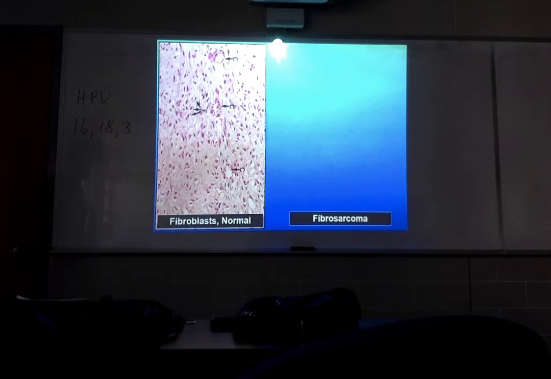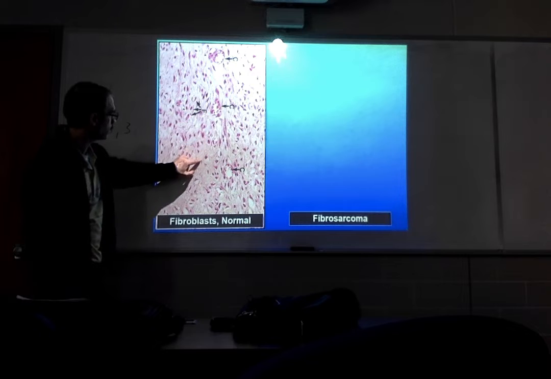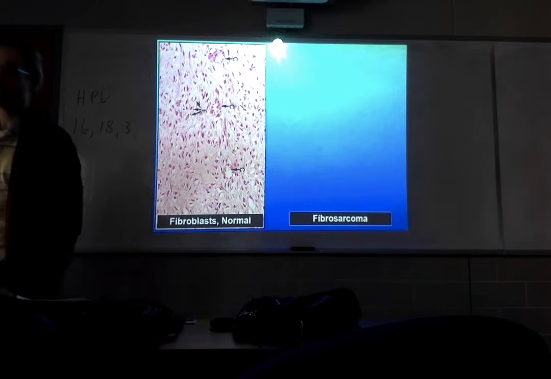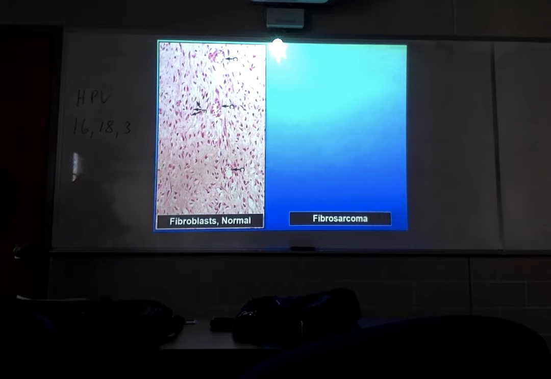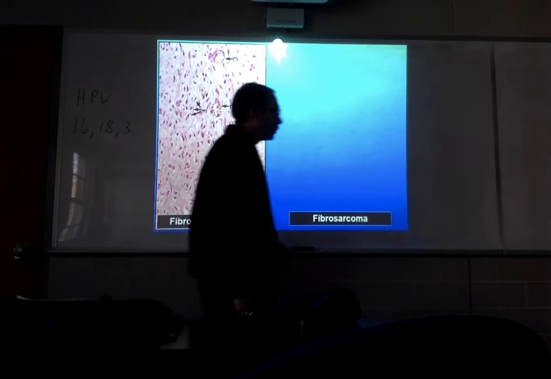Let's first take a look at fibroblasts again. First, normal fibroblasts. Again, we can see normal morphology of these nuclei. We can see the density of the cells nicely laid out. They're all very dispersed. They're not crowding each other. That's normal density of fibroblasts. Okay? That's what normal fibroblasts look like.